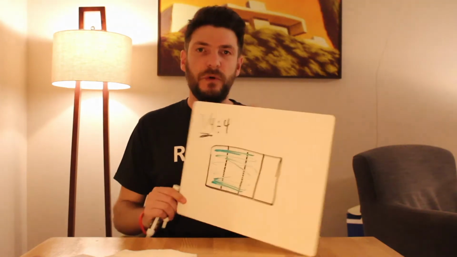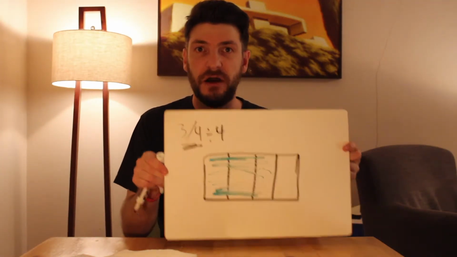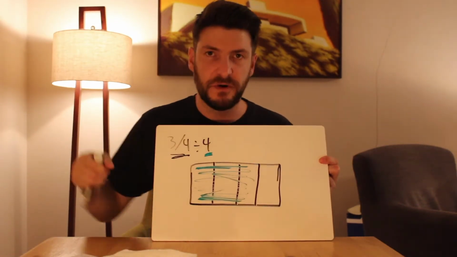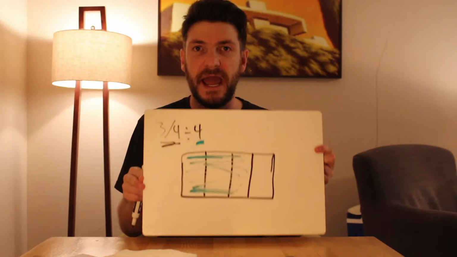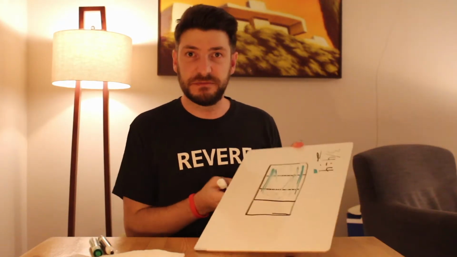Okay, I'm only working with these 3/4, and I want to split it into groups of 4. Now I can't split this 3/4 into groups of 4. I have to find the equivalent fraction. So let's go to the bottom and start making equivalent fractions until I find one that's divisible by 4.